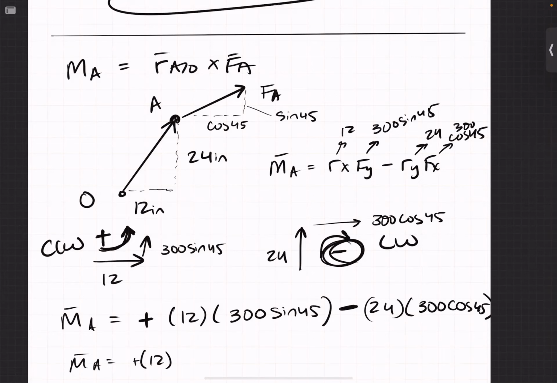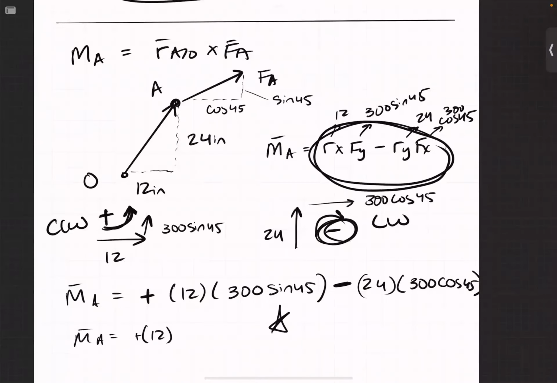The reason I would suggest doing Rx Fy minus Ry Fx when all four of them are there is because you have to do less work. Most likely, if you do it the manual way, you'll do a lot of it in your head, but I can't project my head on the board, so I wrote a lot of it down.